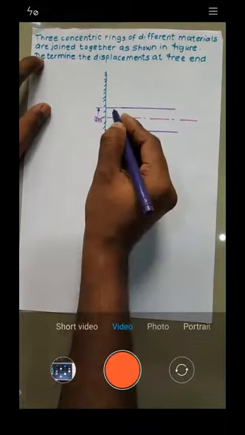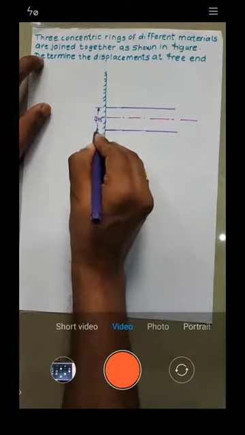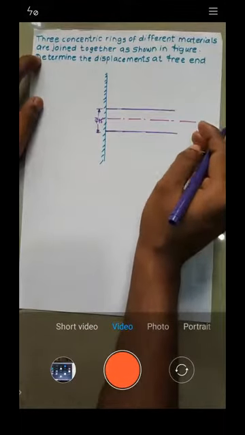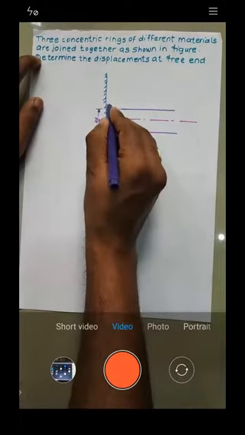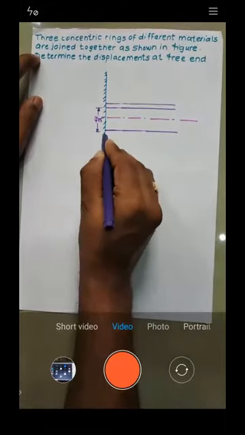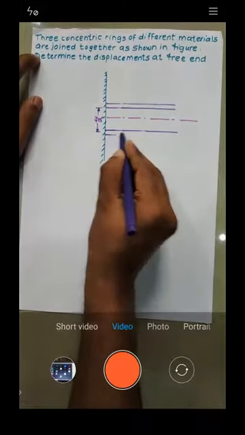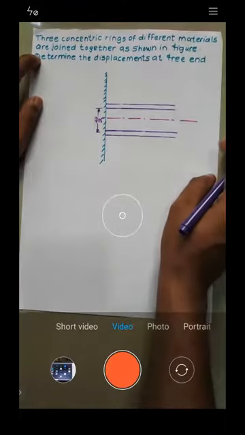Obviously it will have an outer diameter. We are just taking the side view. This is the outer diameter of the ring.